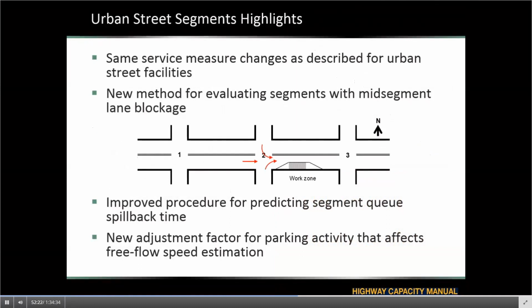Similarly, the procedure for predicting the queue spillback time and the impacts on vehicles processing through an intersection are explicitly incorporated, and also some new adjustment factors for parking activities that then has a direct influence on the free flow speed estimation.